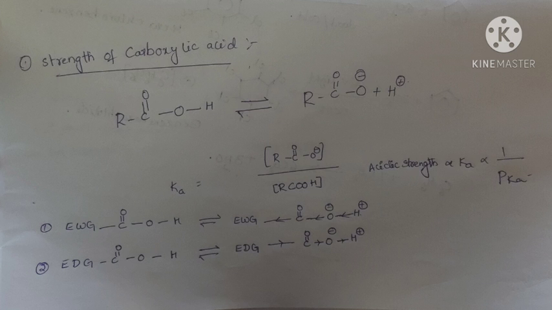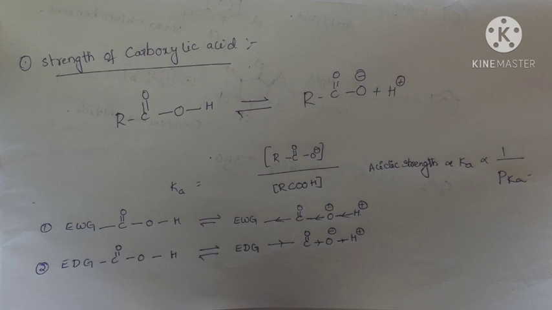So RC double bond O and OH can ionize to form O minus and H plus. Further the ionization goes to the right, the greater the acid strength. It is an equilibrium reaction.